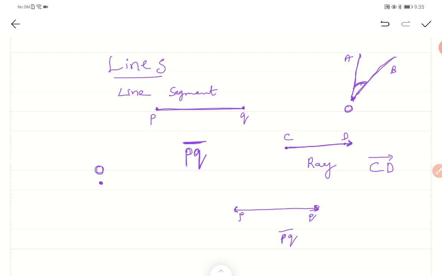You have seen different types of angles form when lines intersect, or whenever you open a pair of scissors. When the scissors are closed, you have both the jaws closed like this, and when you open, it gives you different angles, isn't it? Let's revise one by one all the angles which are formed whenever two lines are intersecting.